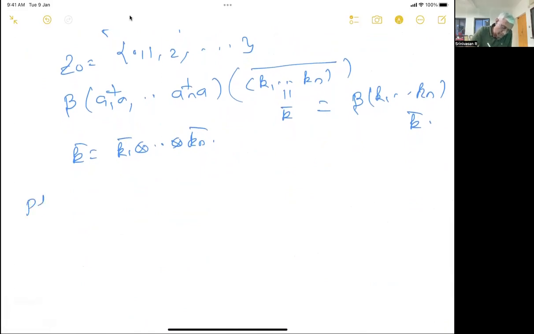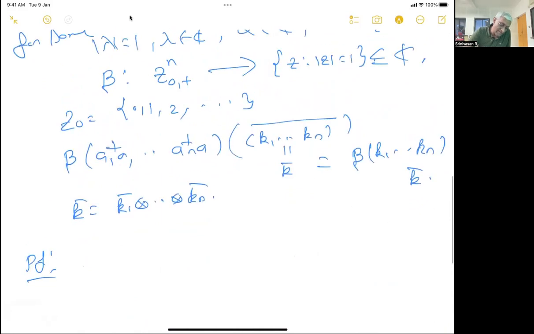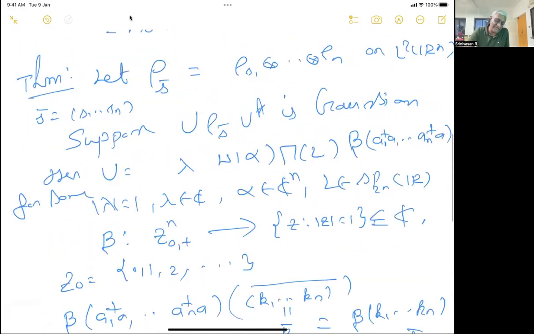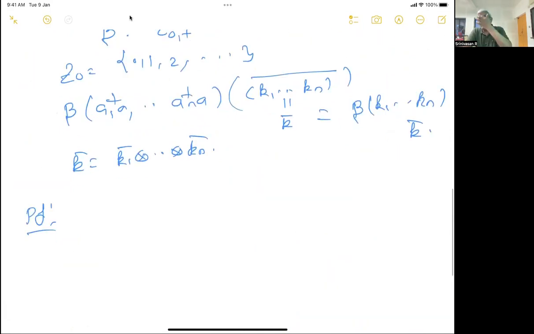So proof. What is given? We have this rho s bar given by this, and it is a Gaussian state. We know the general form of a Gaussian state. We will write that and do the computation. They will both have the same eigenvectors and eigenvalues. You will just use that.